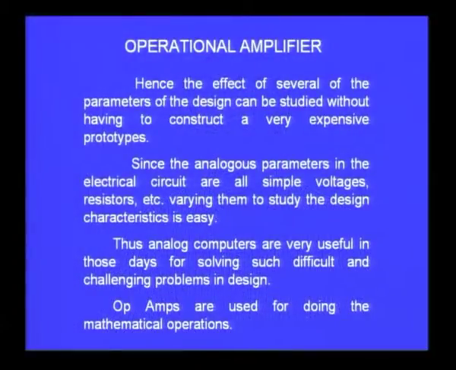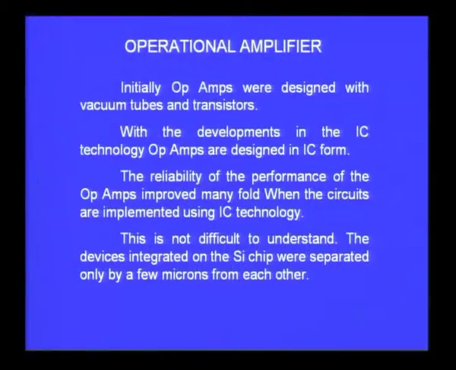So this was the impetus for designing things like operational amplifiers in those days. It will be interesting to know that in those days the operational amplifiers were designed with vacuum tubes and transistors even. But with the development of integrated circuit technology, nowadays all the op amps are in IC form.